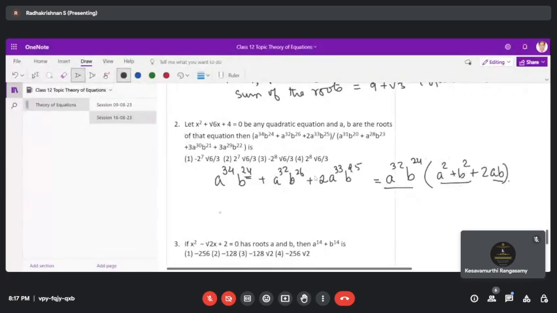Similarly, the other expression also, a power 31 b power 20 plus a power 28. They're given big expressions, but actually we can easily simplify this. Here again, you see a power 28, 29, 30, 31.